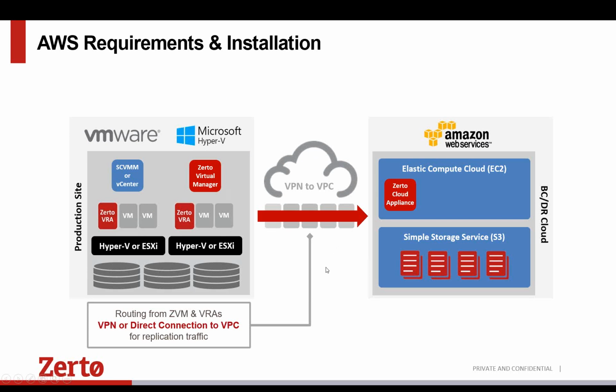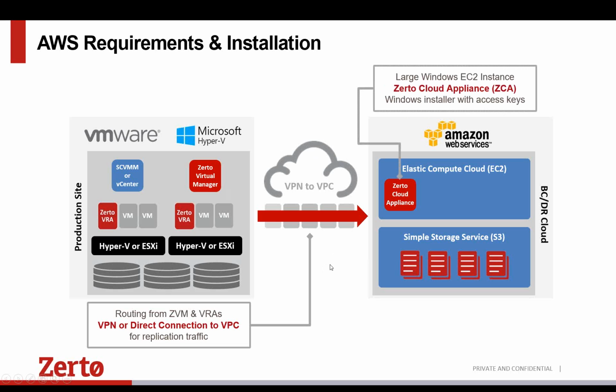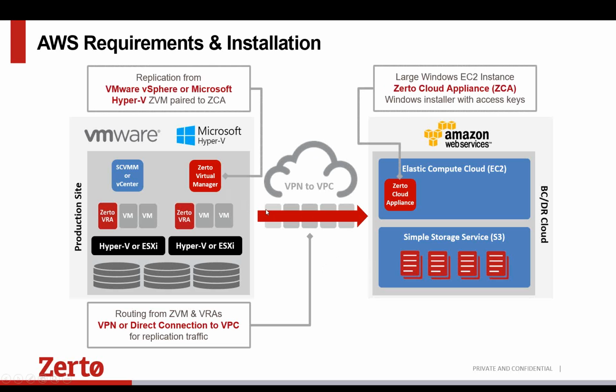Once you've got that connectivity in place, then the next step is to create a large Windows EC2 instance and install the Zerto Cloud Appliance software, which is just a simple Windows installer. You give it the access keys required so it has permission in AWS, and then you pair your local Zerto manager to your Zerto Cloud Appliance instance to allow the replication up into AWS.